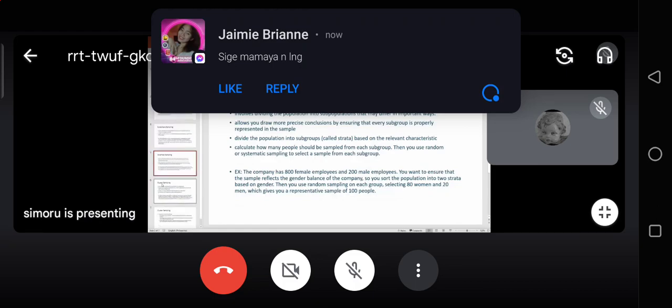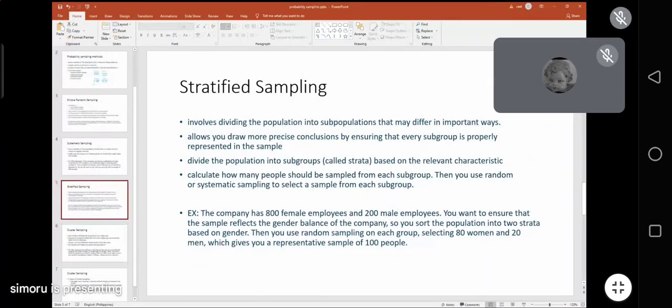Okay, moving on to stratified sampling. Stratified sampling involves dividing the population into subpopulations that may differ in important ways. It allows you to draw more precise conclusions by ensuring that every subgroup is properly represented in the sample.